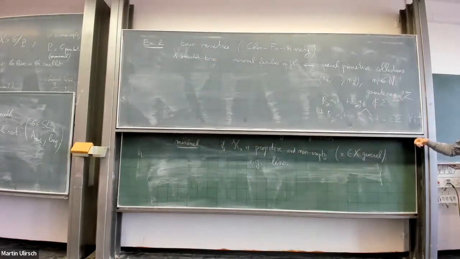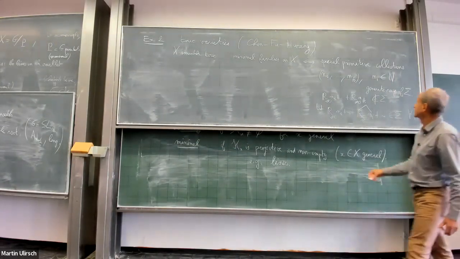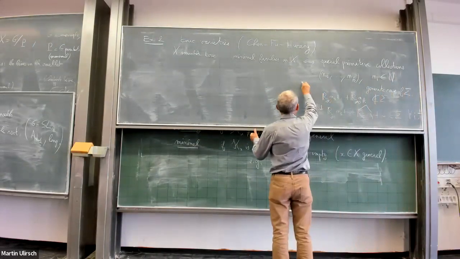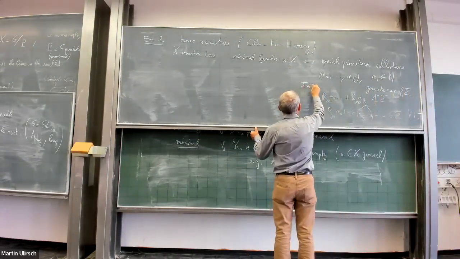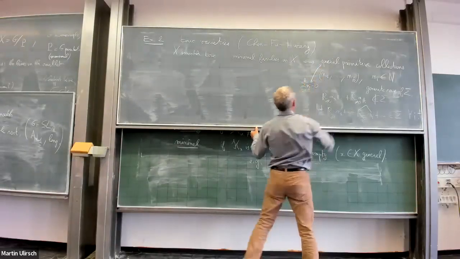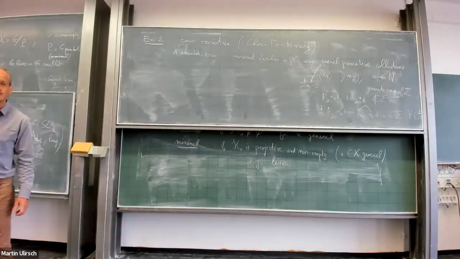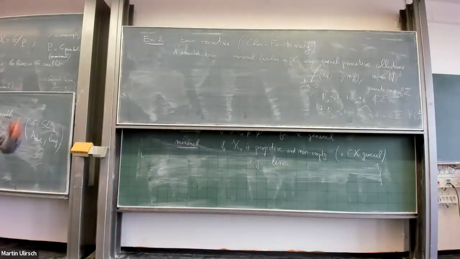This is a notion of primitive collections, which was introduced by Batyrev to study toric varieties. And then special means that the sum of the n_i is in the fan. Well, that's the main result of the paper.